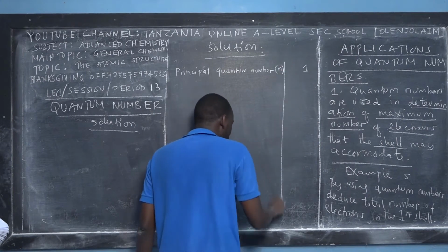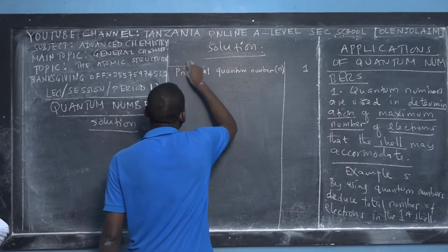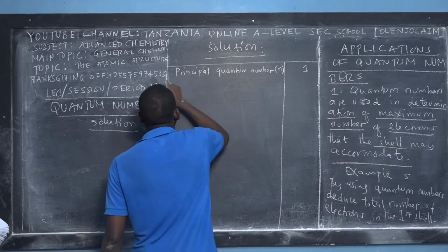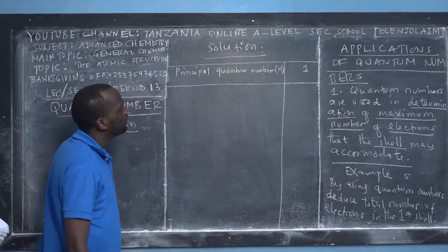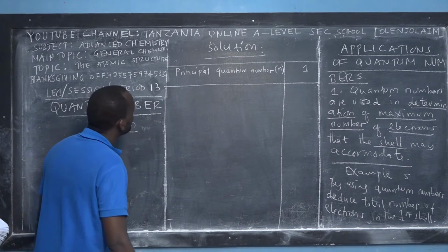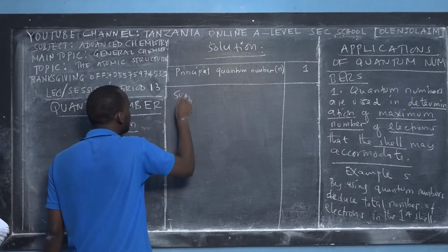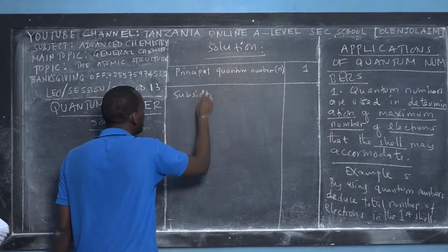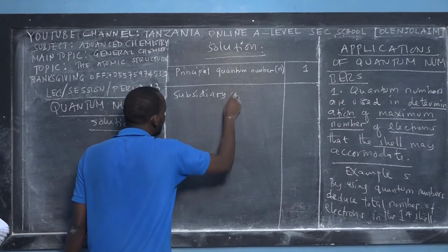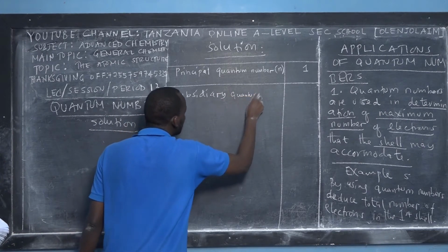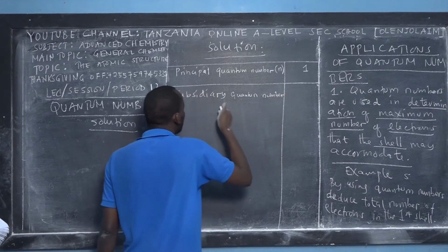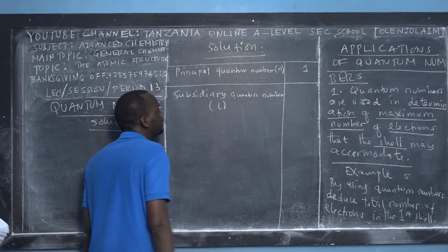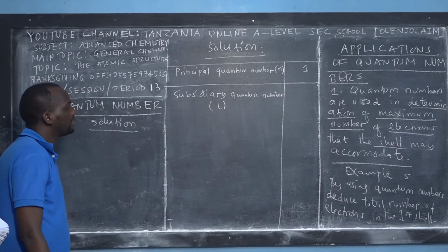So let us have a column here, and a row. The value of the principal quantum number for the first shell is 1. Then we go for the second: the subsidiary quantum number, which in an atom we represent with the letter L. How do we find L?